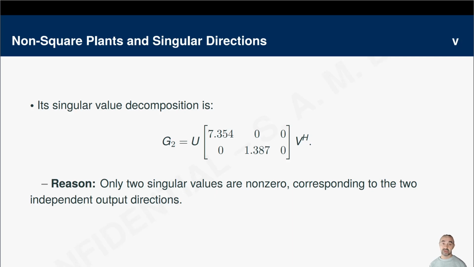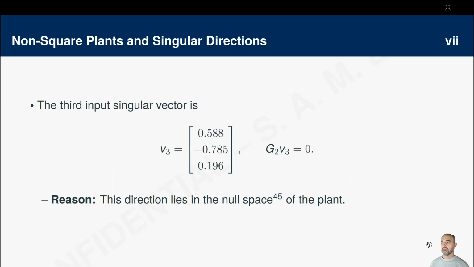And then U was the eventual rotation to adjust the direction to align with output directions. So that's about that.